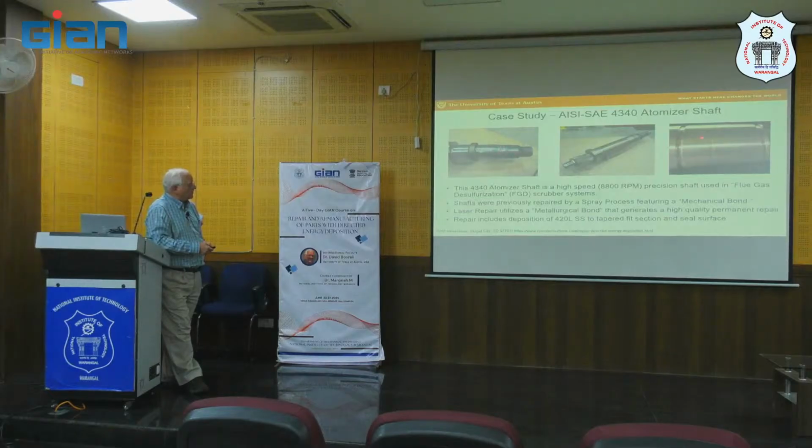Then they mount this up and repair it with a spray process in this case, with a nice bond. In their case, they use 420L stainless, a martensitic stainless steel, very high strength after heat treatment, and they were able to refurbish the tool.